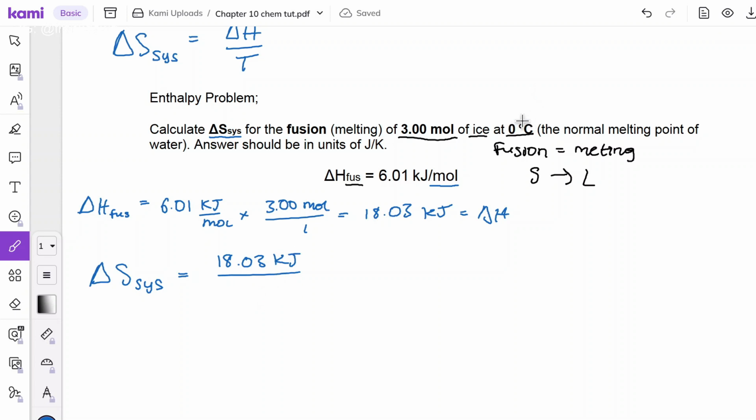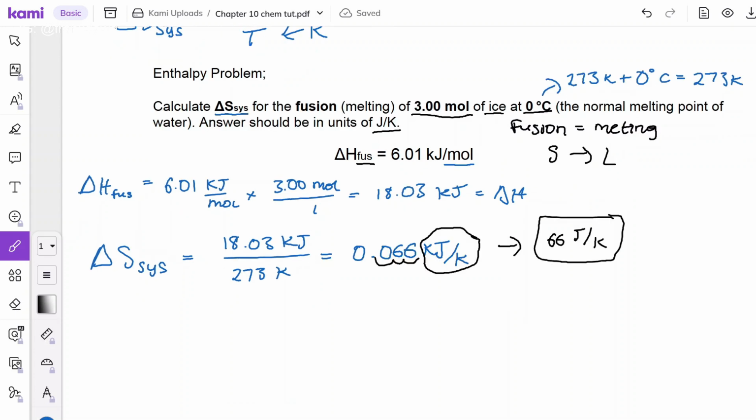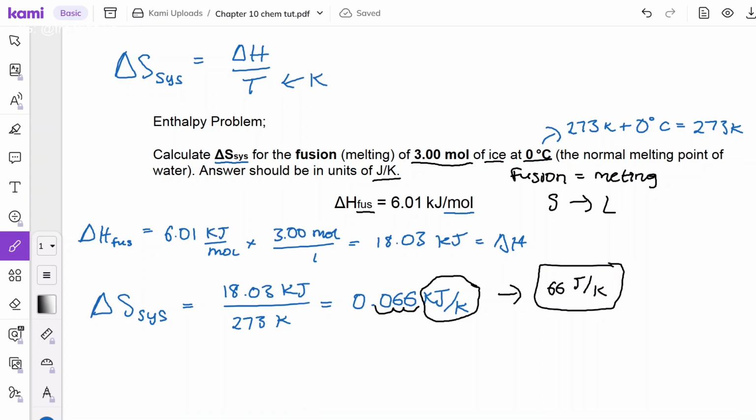We're given the temperature in Celsius, but for this equation we have to use Kelvin, so we have to change the temperature from Celsius to Kelvin, which you do by adding 273. So 0 degrees Celsius becomes 273 Kelvin. You put it back in here, plug it into the calculator, and that's the final answer.